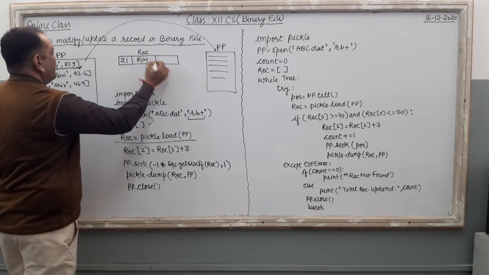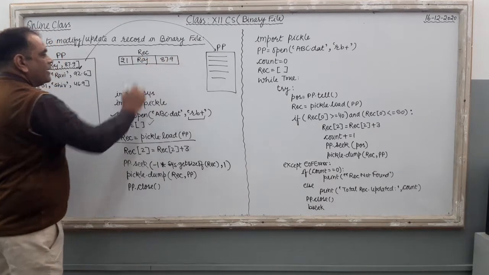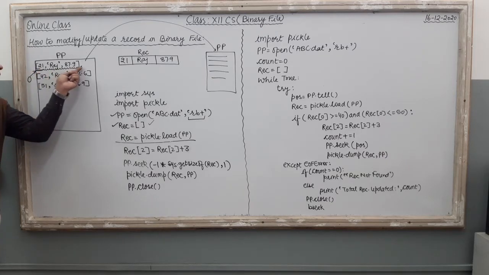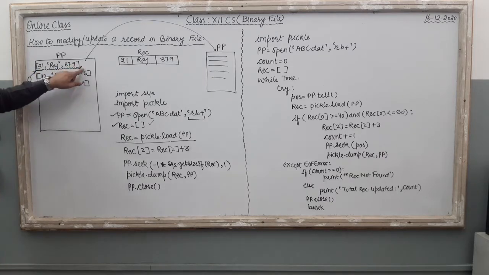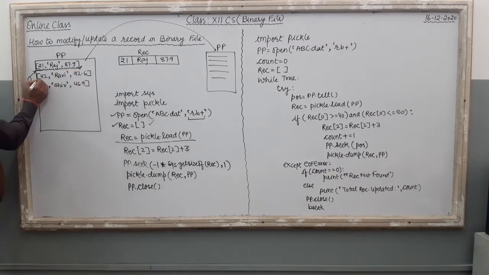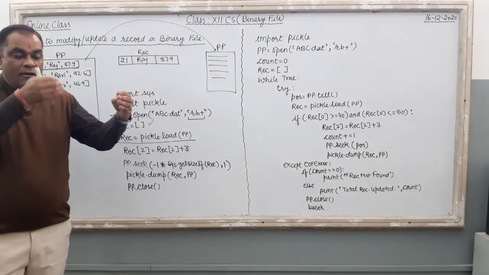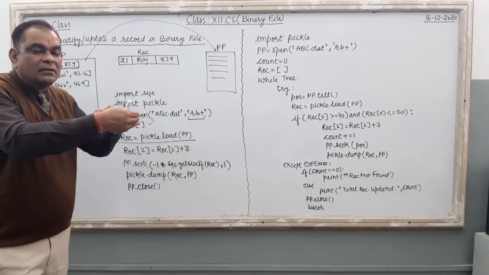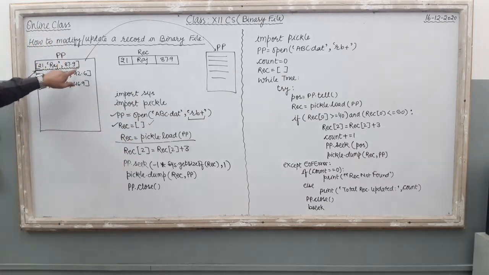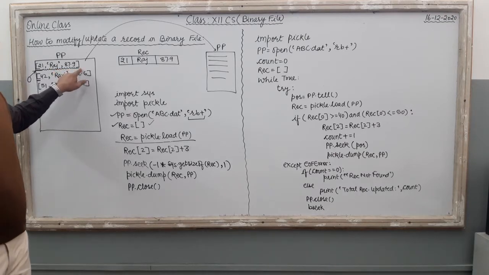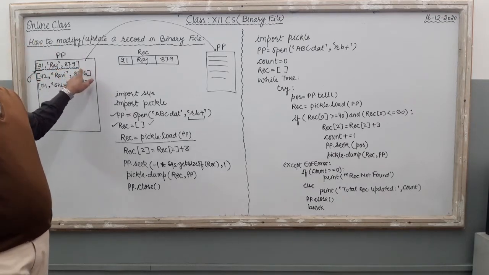REC is a different variable, PP is a different variable. Means while reading the object, your cursor moves from the beginning of the object to the end of the object, right? Ending means what? Ending means the starting of the second object, because all the objects are continuously written in the file. First object, just after that second object, then third object. Means if your cursor is at the last of the first object, it means it is at the beginning of the second object, right?